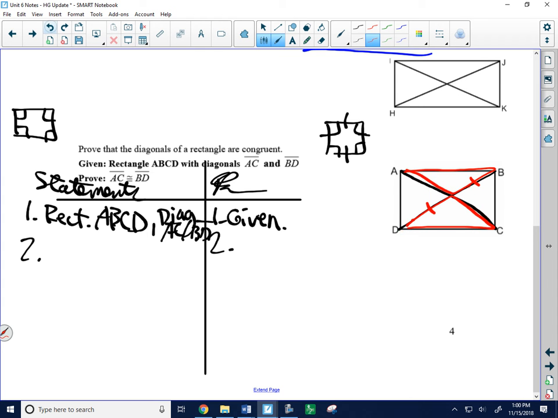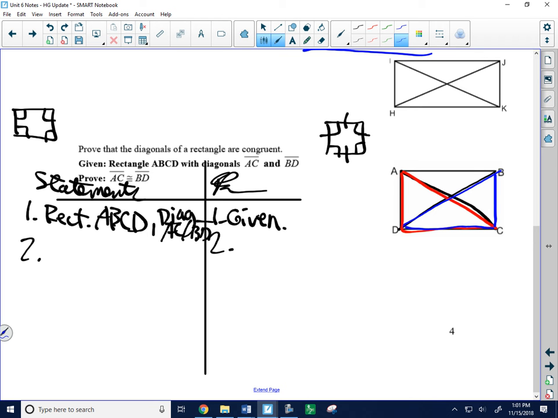What I'm going to do is the standard way to show the rectangle diagonals are congruent. The standard way is to just choose triangles that have this length and this length as part of the sides of the triangle. So then once I show the triangles are congruent, I'm done. So let's choose two triangles that have those side lengths. There's several pairs you can choose. I'm going to choose this one, ACD, and this one, BCD.